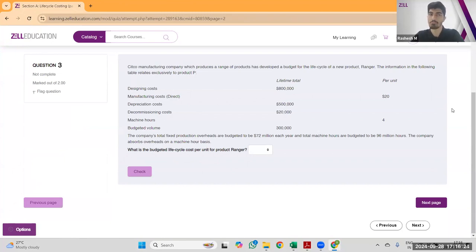There's design cost, manufacturing cost per unit, depreciation, decommissioning, machine hours are 4 hours per unit, and the budgeted volume, what they expect to produce throughout the life cycle. The company's fixed overheads are 72 million, machine hours are 96 million. So you all will have to do absorption costing, find OAR, and include that OAR in your life cycle cost also. So a mixture of both of these things. Try solving the question and then we'll discuss it.